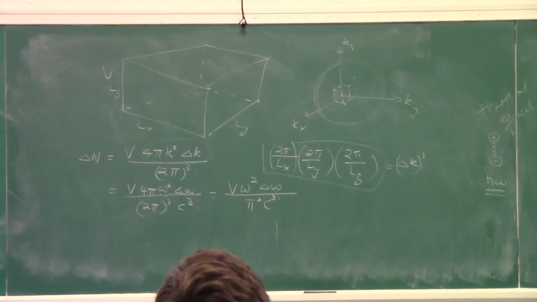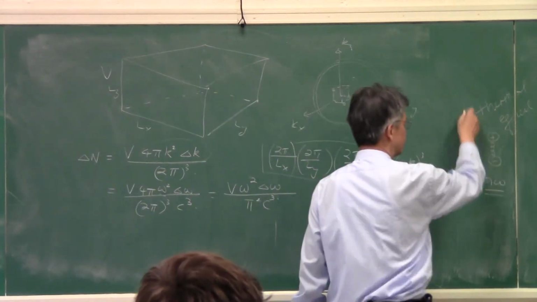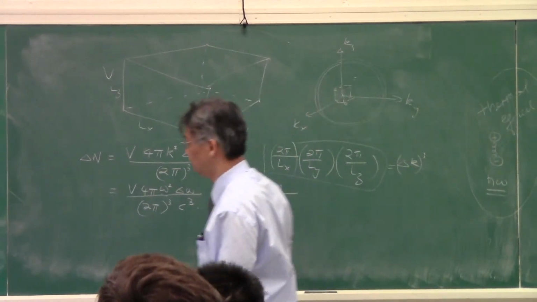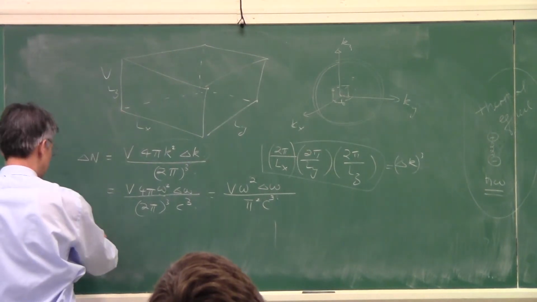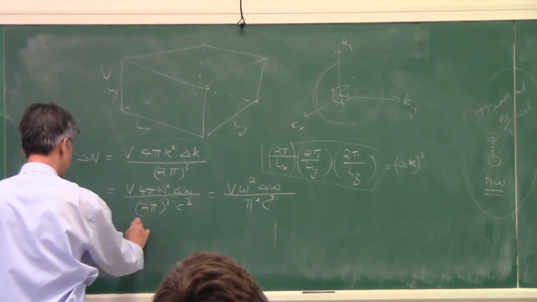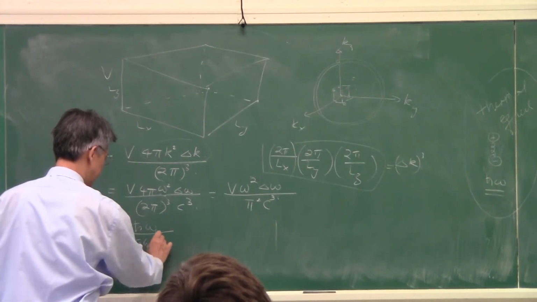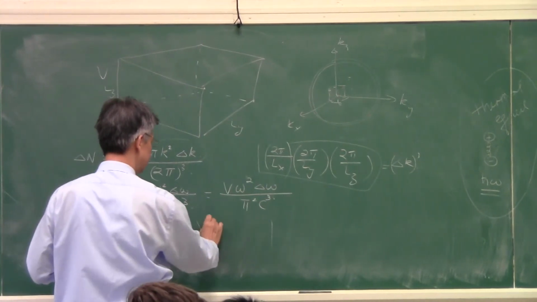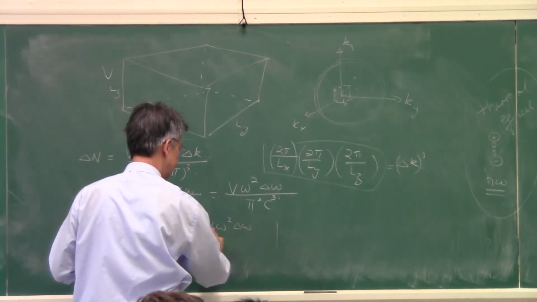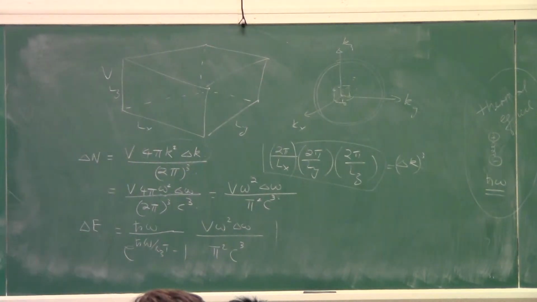Okay, now each of these modes is a quantum harmonic oscillator, and it will have this energy over here. So the energy will be h bar omega over e to the h bar omega over kBT minus 1 times this V omega squared delta omega over pi squared c cubed.